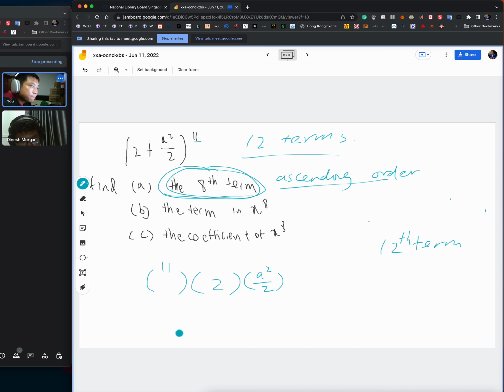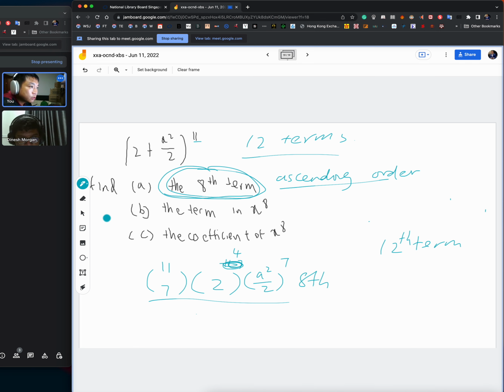This is 11, so the first term is 11 choose 0. The eighth term will be 11 choose 7, and then you just follow. 11 minus 7 is 4, so it's 4 here and this is 7. So this is the eighth term. Simple.